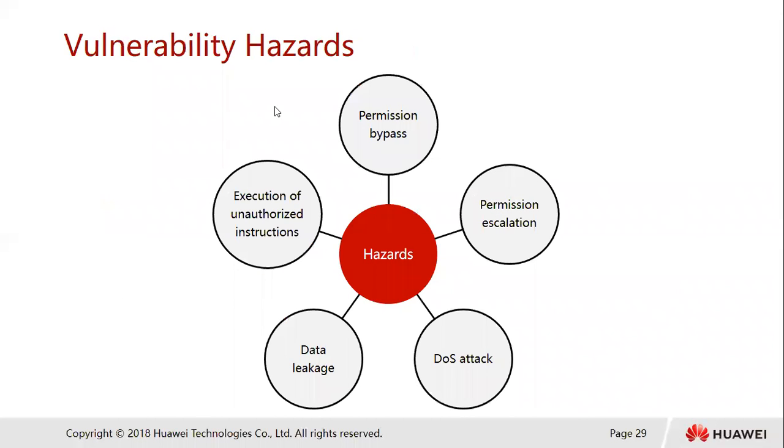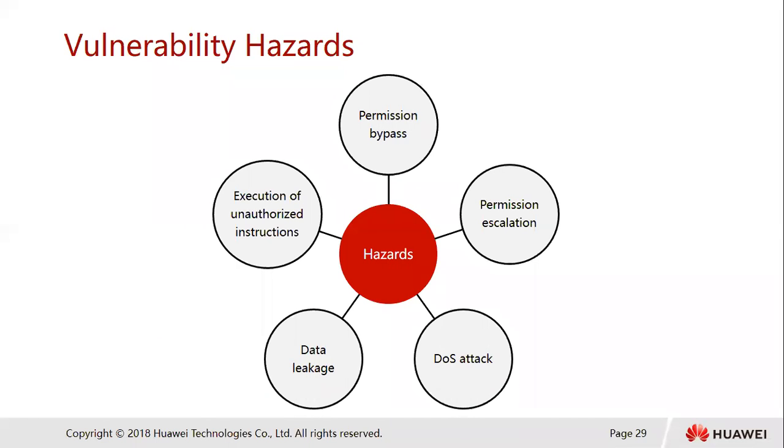So vulnerability hazards. If you have a vulnerability, what can be the consequence? We have permission bypass, permission escalation. That is what hackers do. First of all, they are going to hack the system, and the permissions they're going to have are the permissions of a standard user.